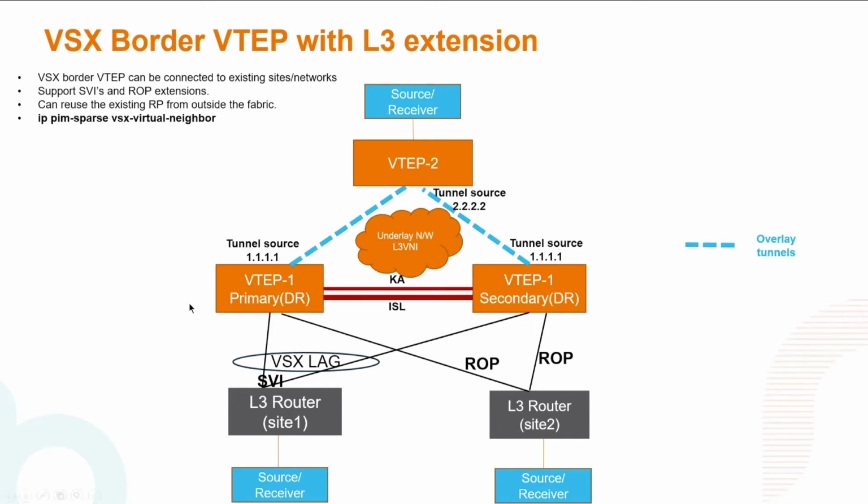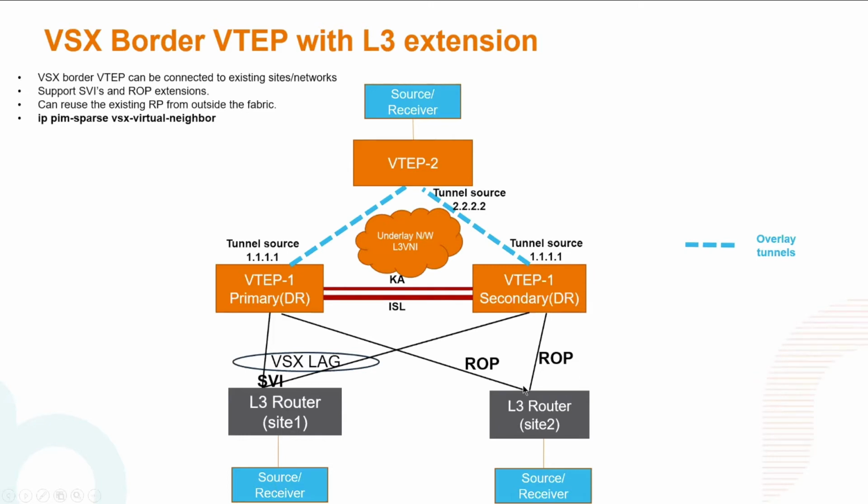Primary and secondary are the border gateway routers, and you have the L3 router at site 1, which you can connect via an SVI or a VSX LAG. You can configure an L3 SVI and PIM router on site 1, and you can very well connect the source and receivers on that side, which can communicate to VTEP2 and site 2 also.